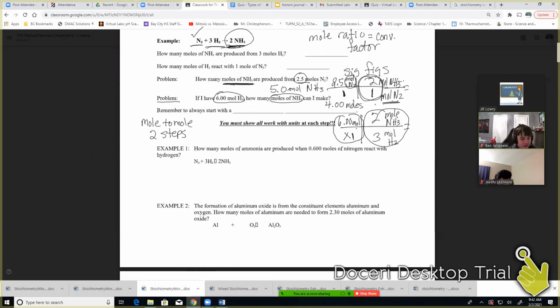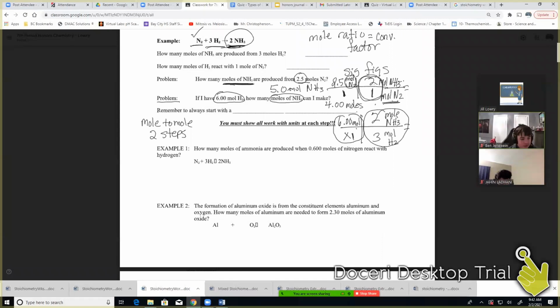Don't draw this because I'm going to erase it, but eventually we'll get to some that are 4 steps. So it kind of helps. This is the simplest problem we're going to do. It has only 1 conversion factor, which is your mole to mole ratio. So as you start learning the other ones tomorrow, it kind of helps if you remember how many steps it is. All right, let's look at another one.